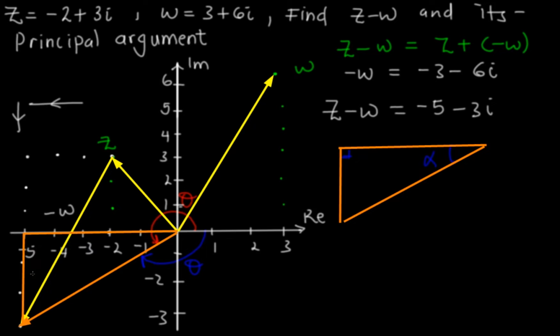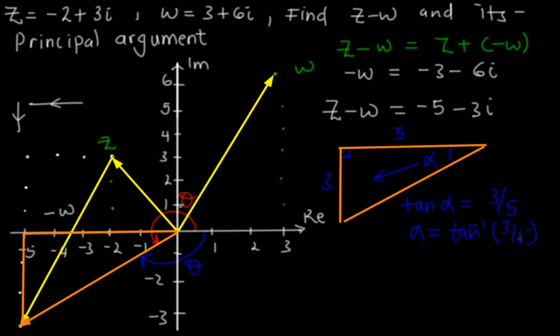So this is 3 units and now this is 5 units. So we have the opposite of the angle alpha and the adjacent, implying that by use of trig we shall say tan of alpha is equal to opposite over adjacent. Therefore, alpha is equal to arctan of 3 over 5.